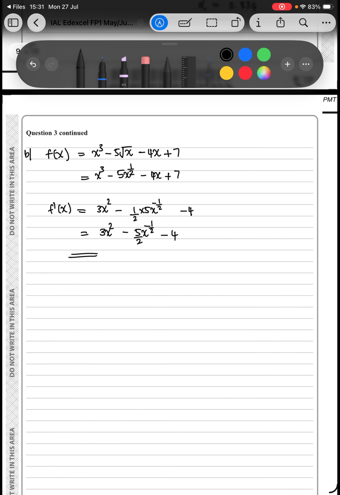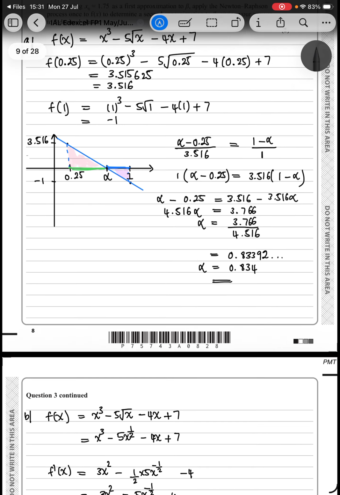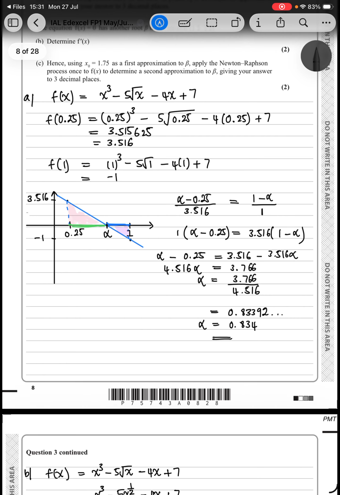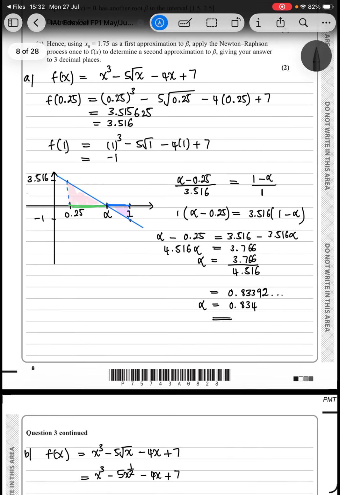Okay, so the Newton-Raphson process has a particular equation which can be found in the formula booklet. So it says x(n+1) is equal to xn minus f of xn over f dash xn, and we are being given the x naught value as 1.75.